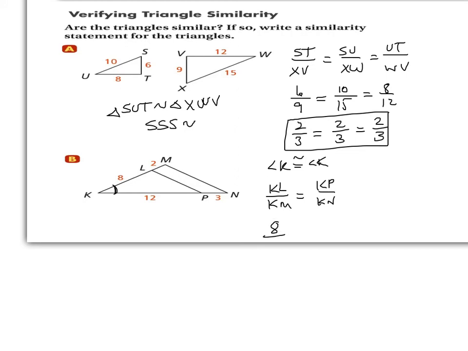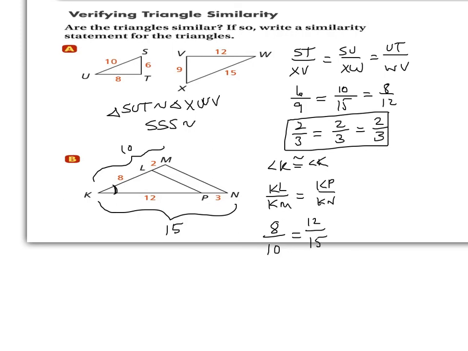KM, if you look at KM, figure out how far KM is. KM happens to be 10. And that's going to equal KP, which is 12, over KN, which is 15. I have to add those two segments together.